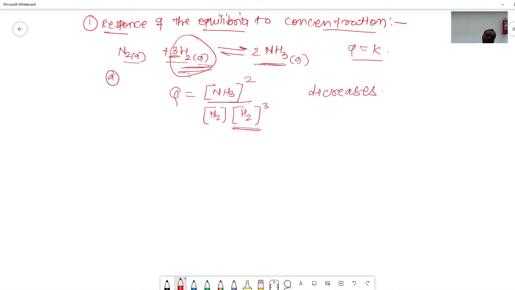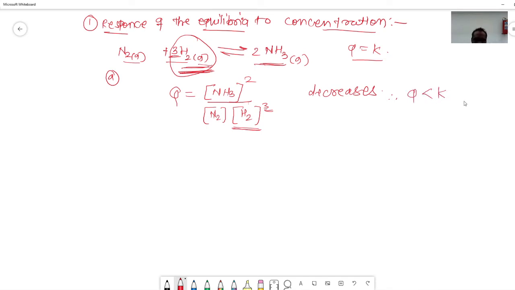Why? Since if we increase the concentration of the hydrogen, which is in the third power, the denominator value increases, and if the denominator increases, the Q value decreases. Therefore, Q is less than K, right.